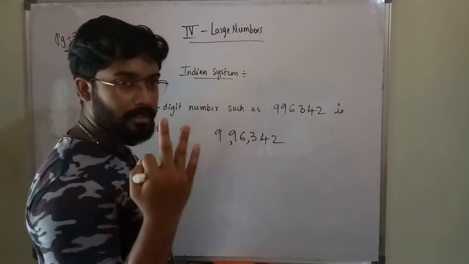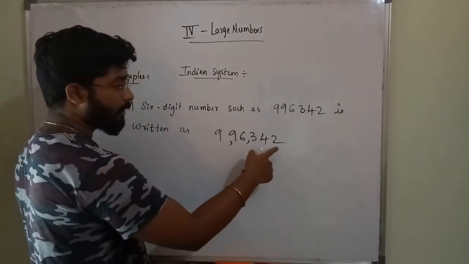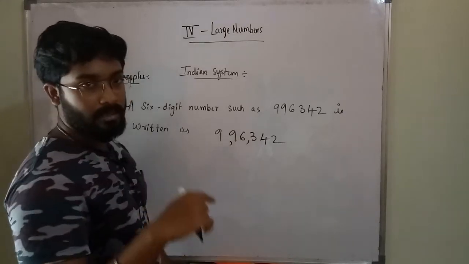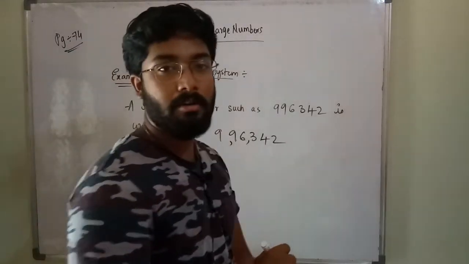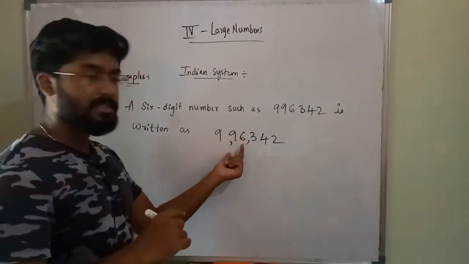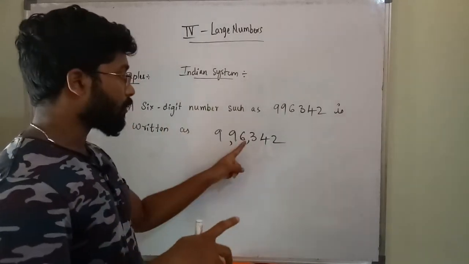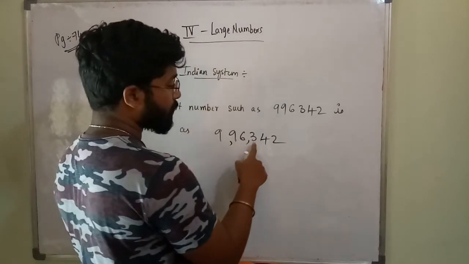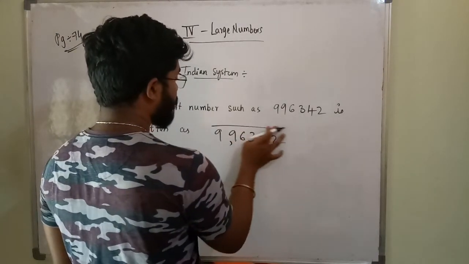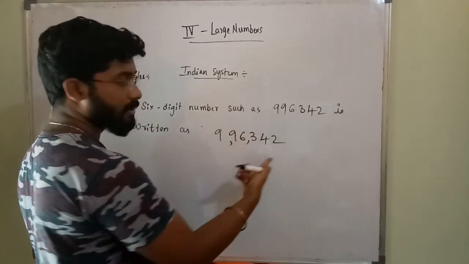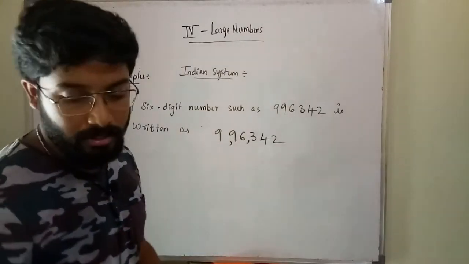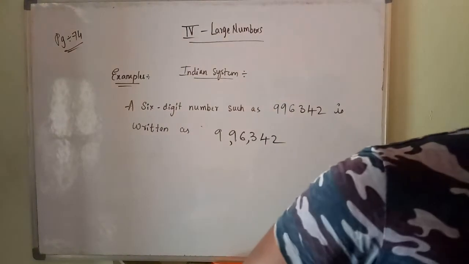That's why after 3 digits I put 1 comma. After ones period comes thousands period, which in the Indian system has 2 place values, so after 2 place values I put 1 comma. So 9,96,342. This number can be written like this by separating the periods with commas. You have to understand that.